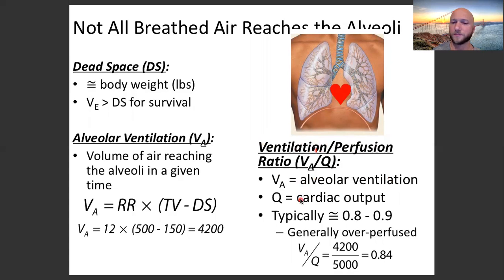Typically, ventilation divided by perfusion ratio, alveolar ventilation divided by cardiac output, is about 0.8 to 0.9. Generally, we are a little overperfused. So let's move on.